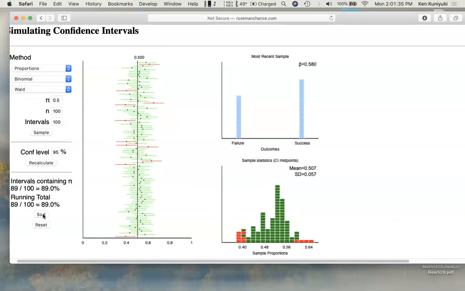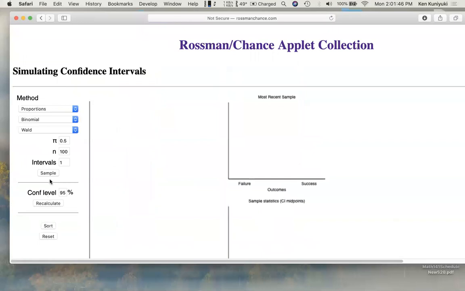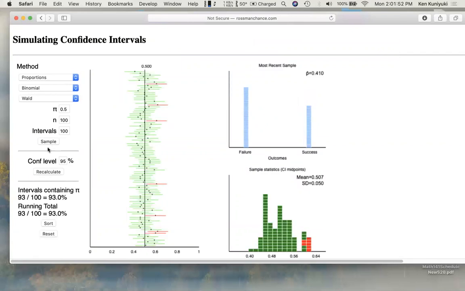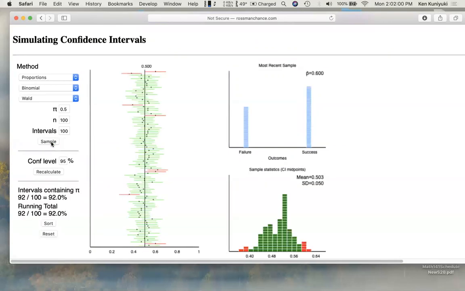Let's try it again. Here, 93% of these CIs contained 0.5. Let's keep trying it. 93%. Let's try it again. 95%. Okay, so this one was really on the dot, but it didn't have to be. 92%.